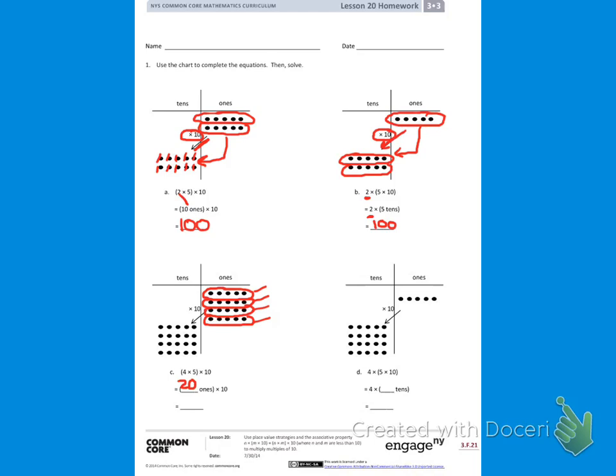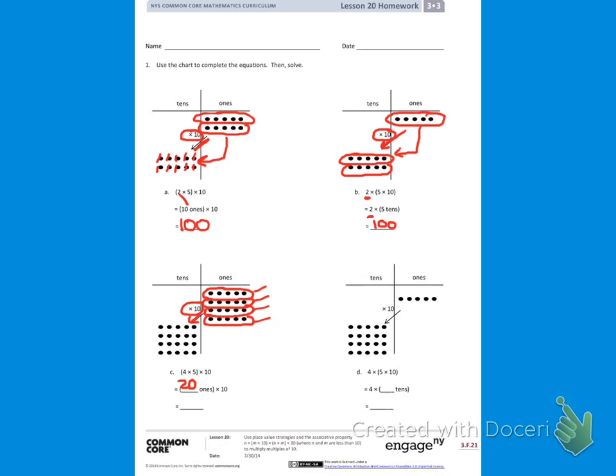Now it says times 10, which means we draw the arrow and write times 10. When we draw the arrow, everything that's drawn in the ones column shifts exactly the same over to the tens column. Now, take a look at what the picture looks like now. Instead of having 20 ones, now we have 20 tens. Wonder how much that equals.